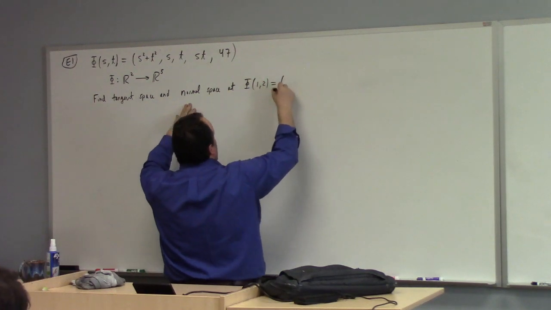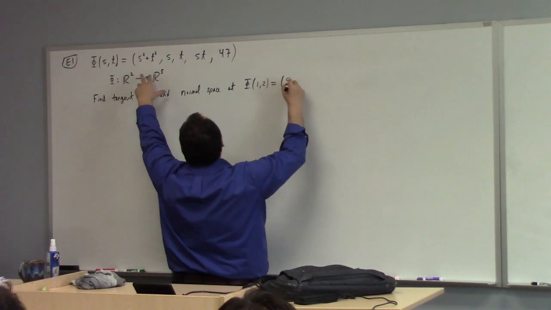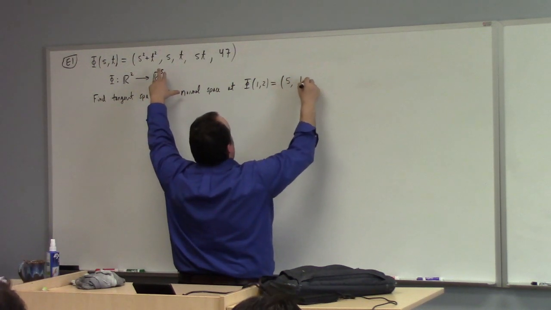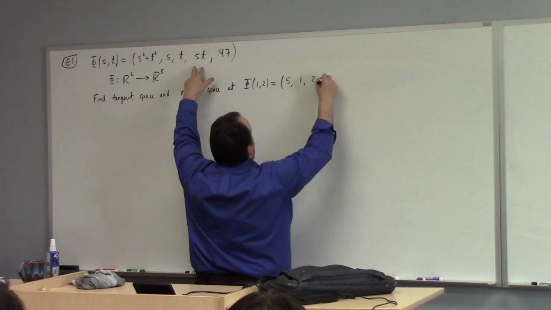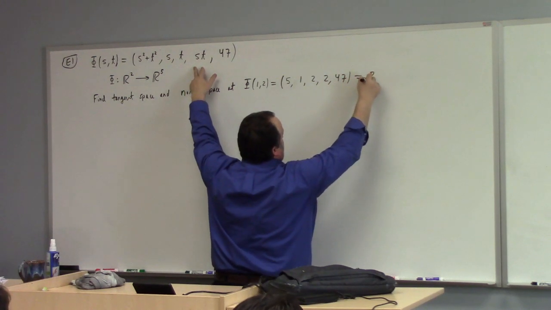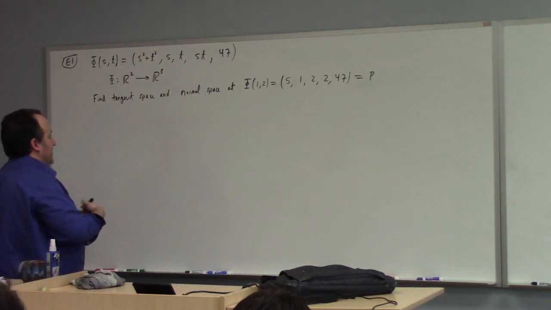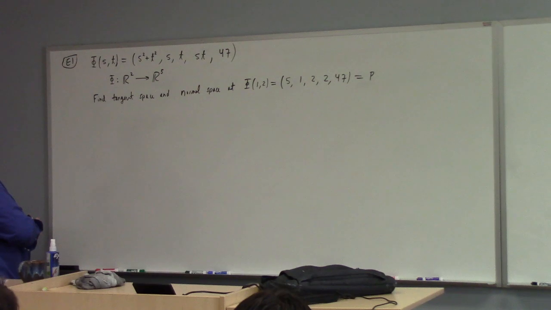So that point, I put 1, 2 in there, I get (5, 1, 2, 2, 47). I'm going to call that point P because I don't want to keep writing it. So I'm trying to find the tangent space at P and the normal space at P.